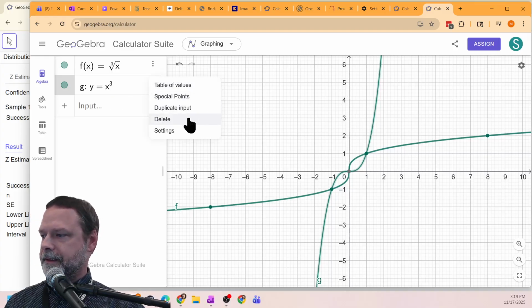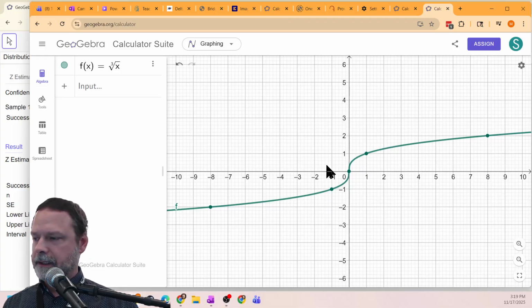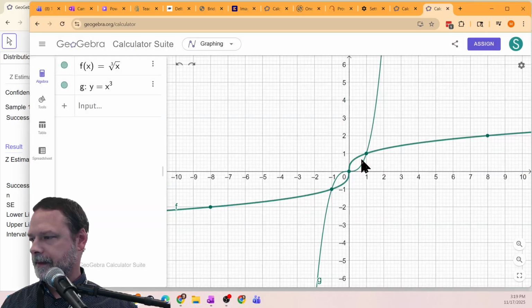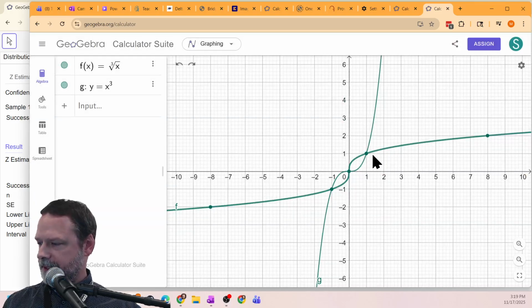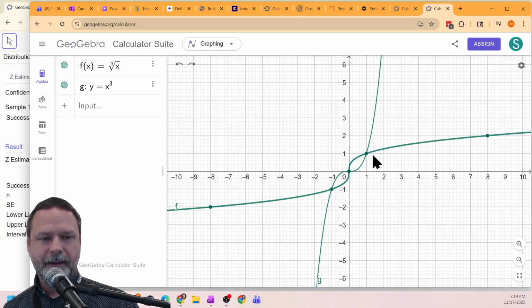Let's go ahead and delete that. It's the cubic function, but you can kind of think of it as turned sideways. Or is it turned sideways? No, it's flipped over the line y equals x. So it's not exactly turned sideways, but you get the idea.